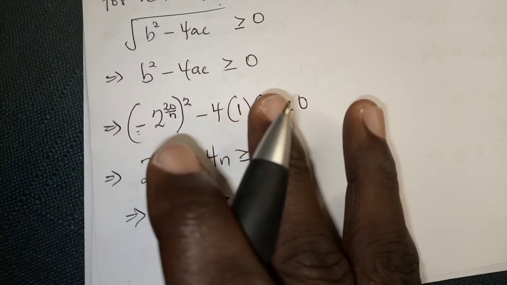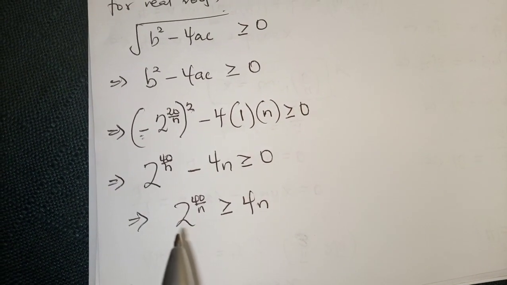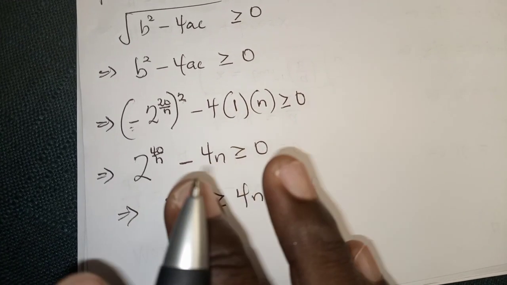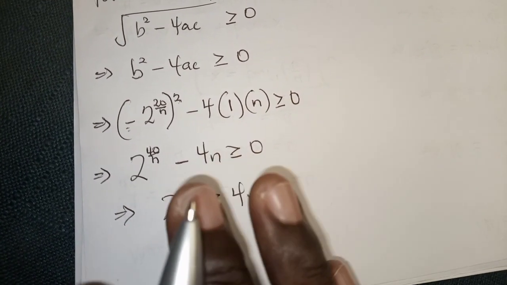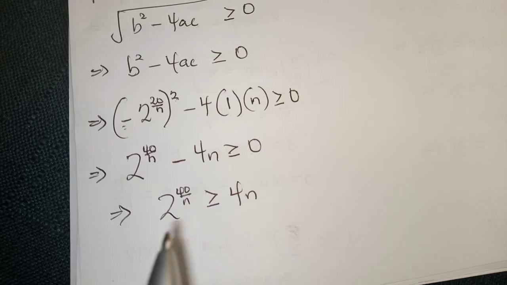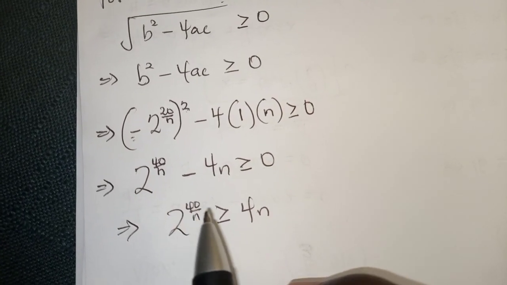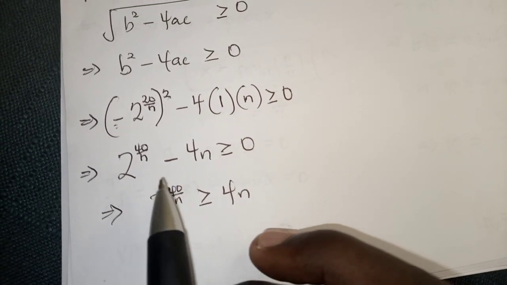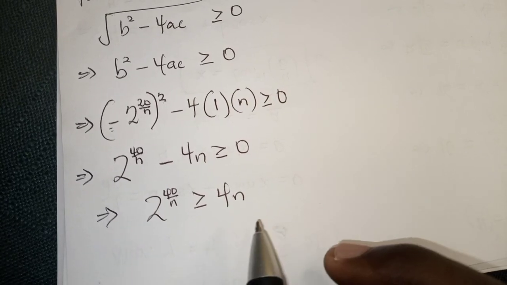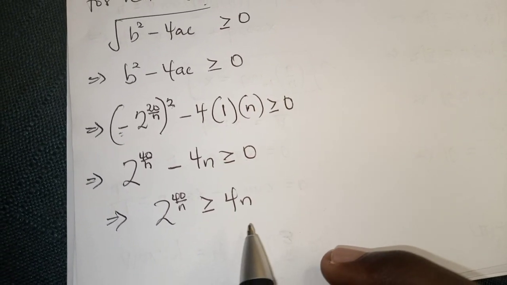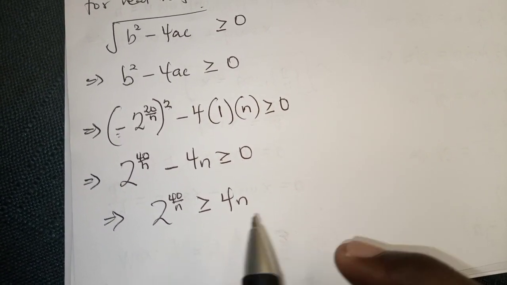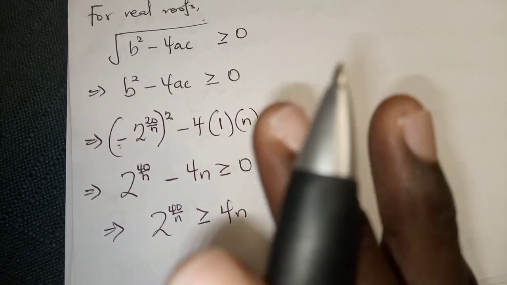Now the inequality is quite complicated, because here the variable is an exponent, and here the variable is just a base, so that makes it a little bit difficult to solve.